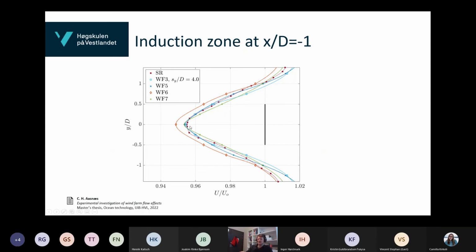And the only case that is a little different here is actually this Wind Farm 6 case, where we had aligned turbines, and we see a higher reduction of this zone upstream of the front row.